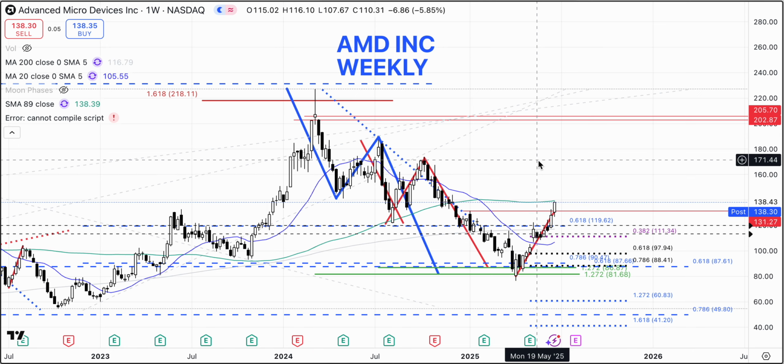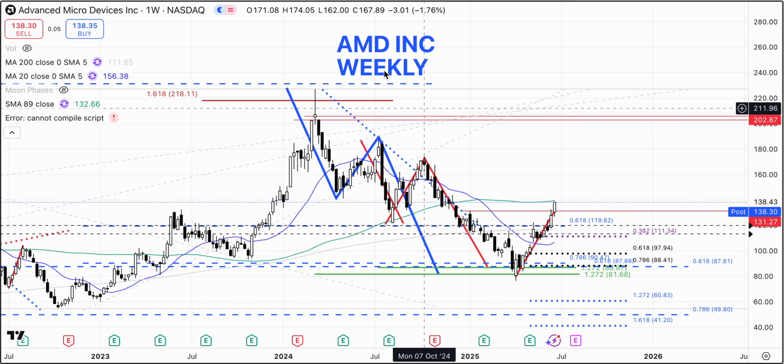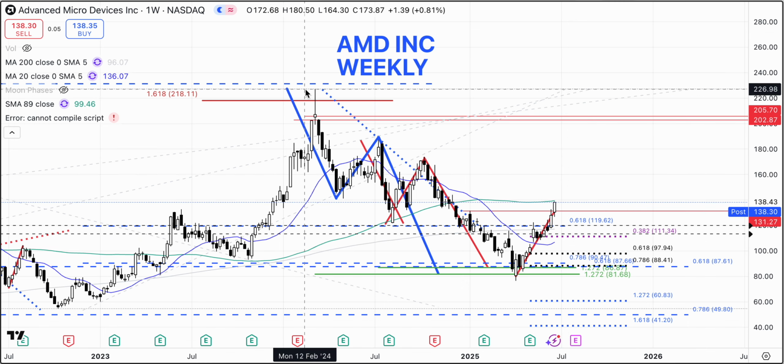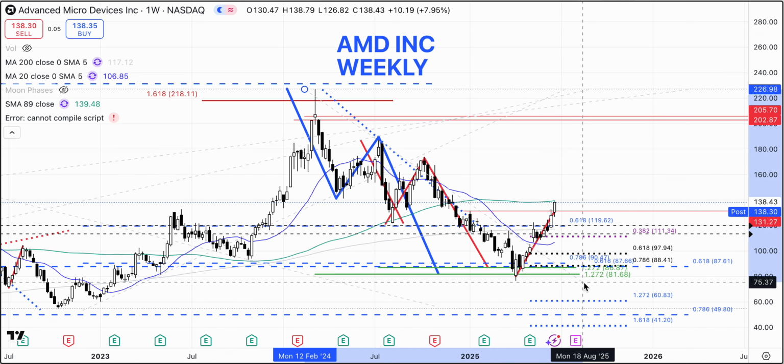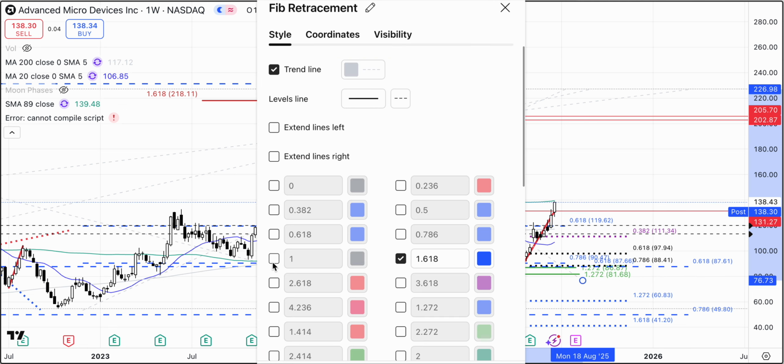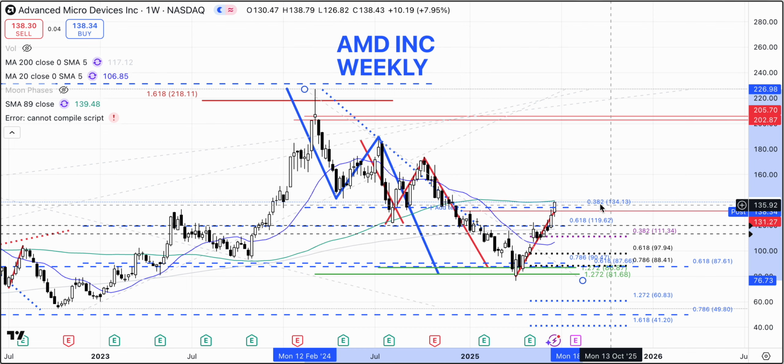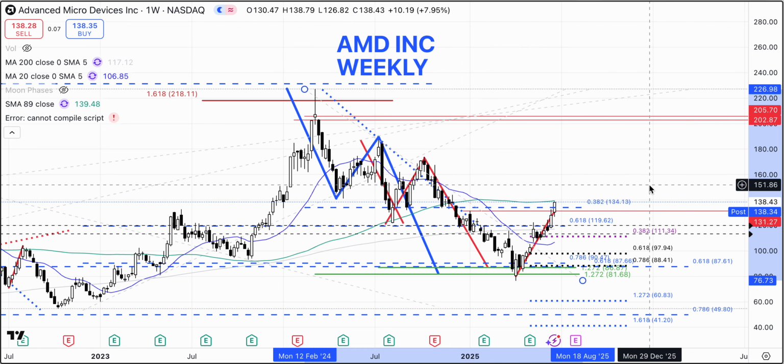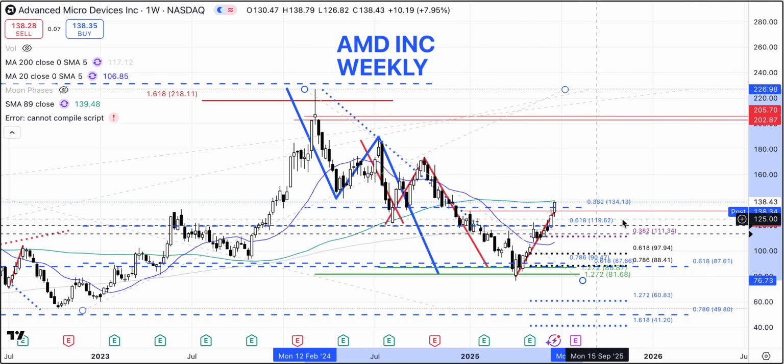Here we go, and also it is a 38.2% retracement from the top right here to the bottom right here. And the 38.2% retracement came around 134.